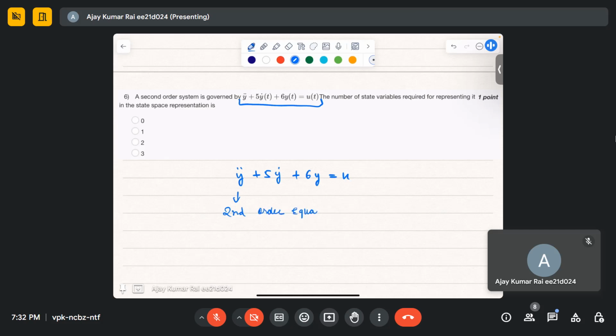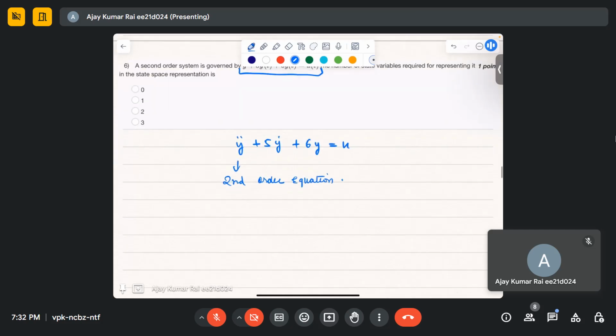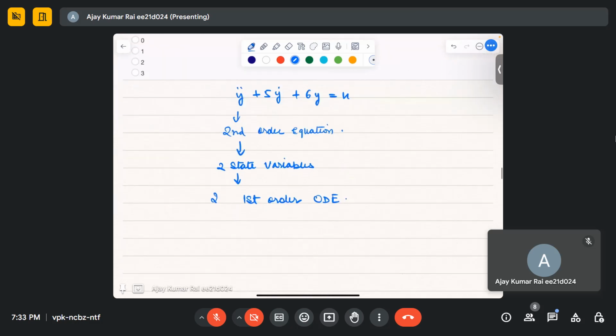So let me write the state equation. This is a second order equation, so we take two state variables, and then we write it as two first order ODEs. That we call the state equation. So let me do it.